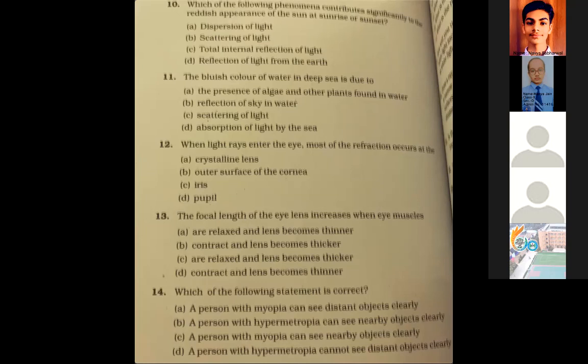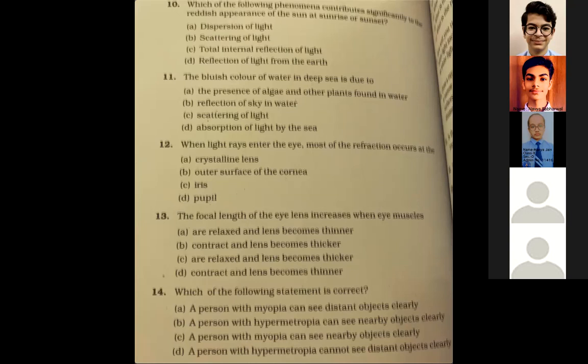So therefore it will happen at the outer surface of the cornea. सबसे पहले लाइट आपकी कॉर्निया को टच कर रही है ना कि लेंस के अंदर घुस गई है. Have you understood? Yes, yes, ma'am. Okay, move to next question.